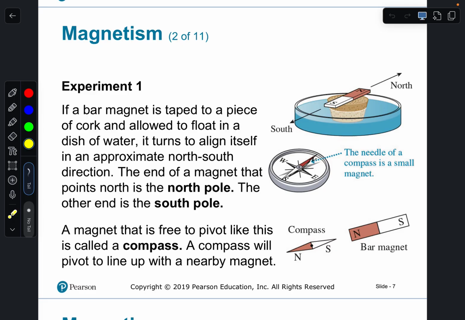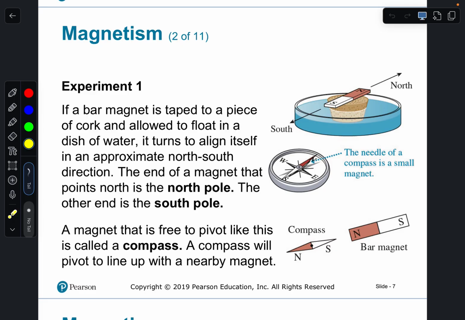What is a compass needle made of? It's made of a magnetic material, a material that responds to a magnetic field. As you'll come to find out soon enough, Earth creates magnetic fields, and so the compass senses Earth's magnetic field and pivots its little arrow to point towards the magnetic north pole.